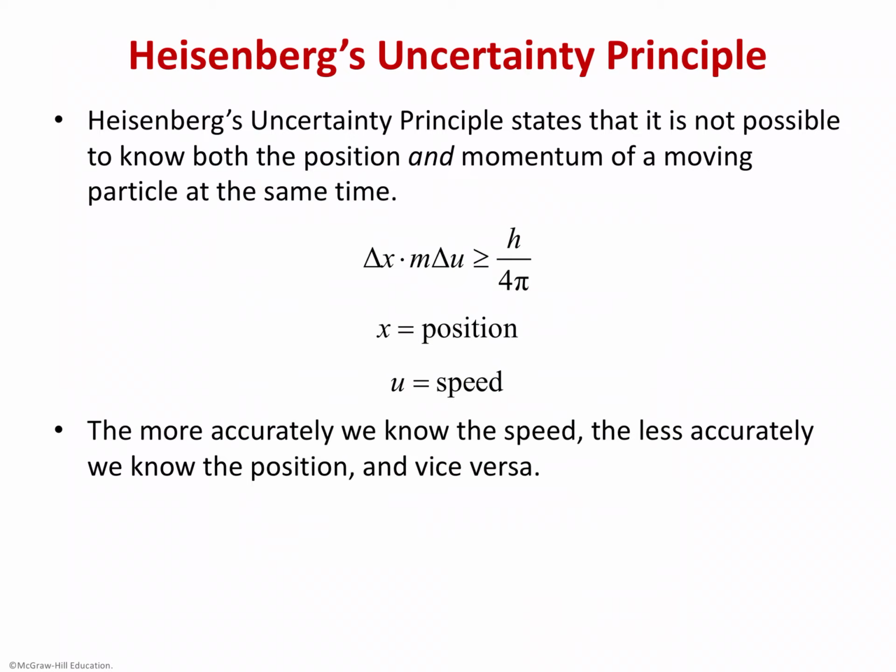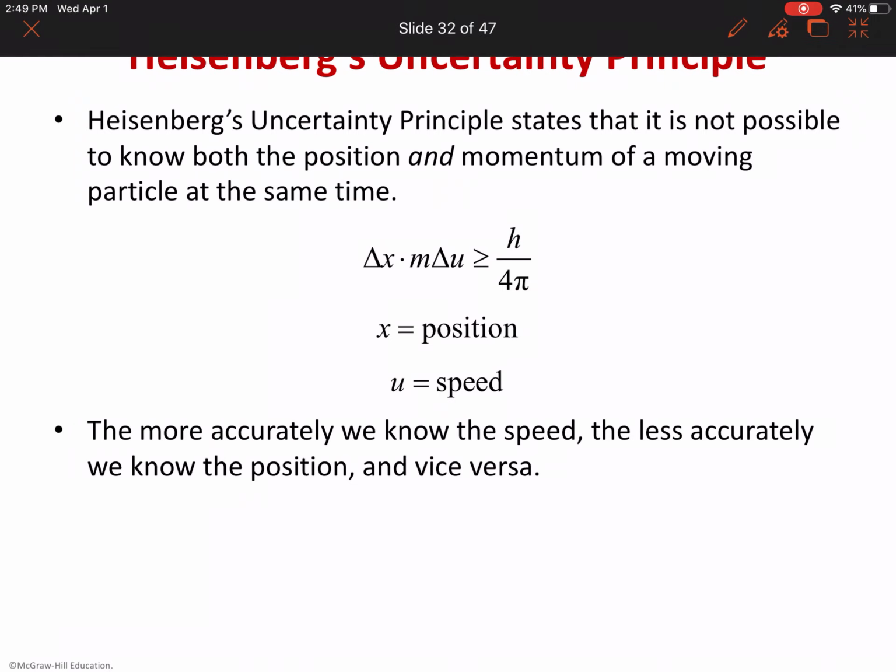So if you have a wave moving, the Heisenberg uncertainty principle states it's not possible to know both the position and momentum of a moving particle at the same time. Okay, if you have something moving like that, and you want to find out the position accurately, then it has to stop moving.